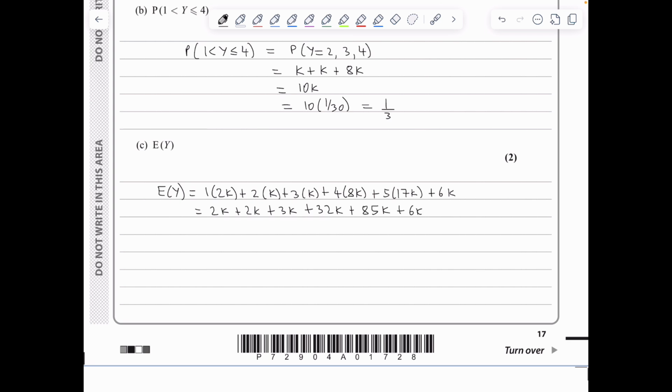If we add up all the k's, we get 130k, and we know that k is 1 over 30. So 130 times 1 over 30 gives an answer of 13 over 3.